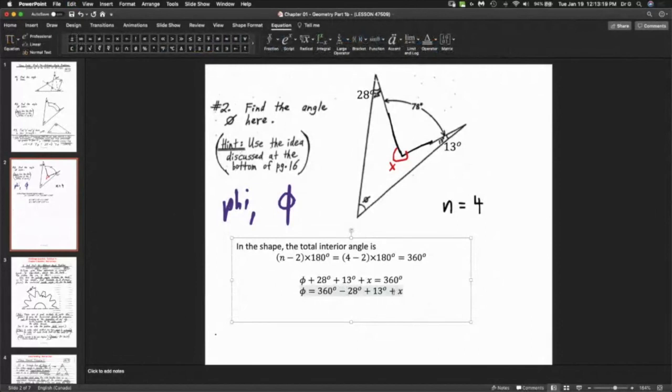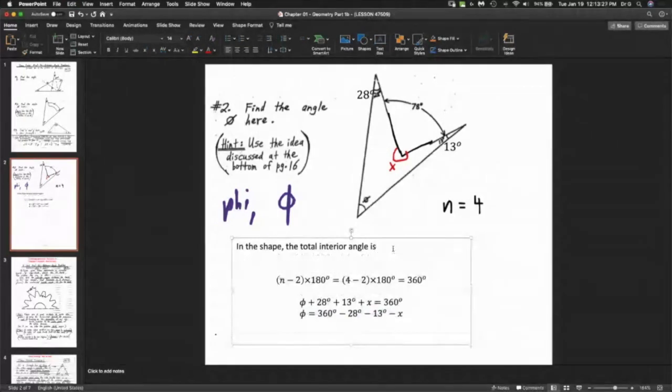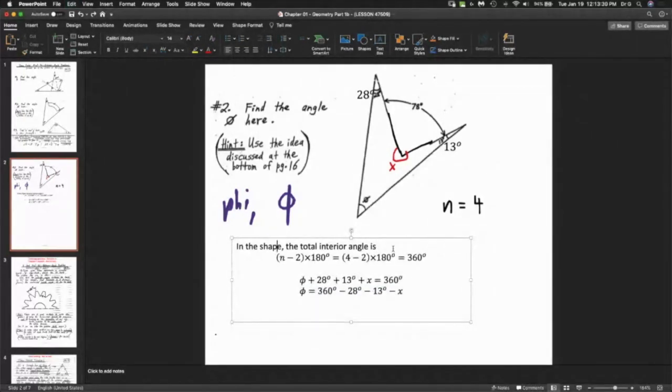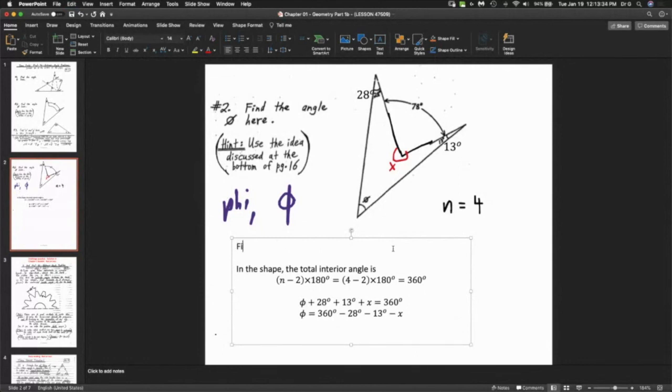But what's the problem here? X. Thank you, Denny. So you know what? Hindsight is 2020. So I'm going to go back in my little story here and say first, or later if you want, let's find X.